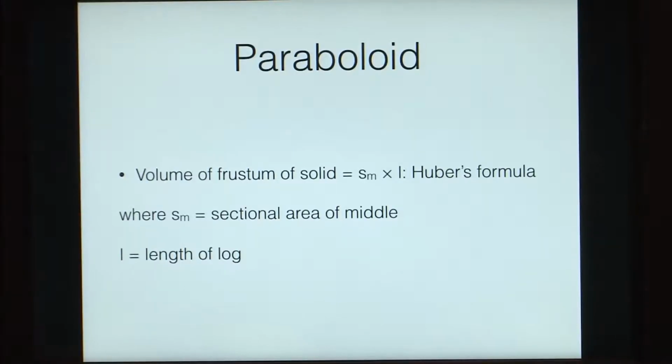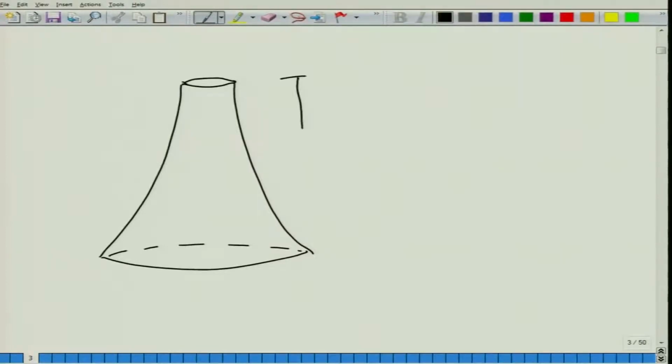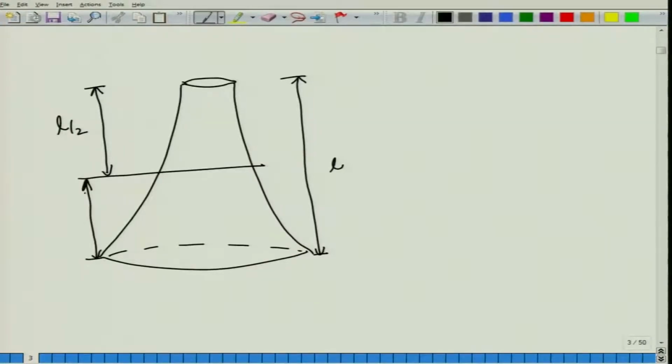So, if we draw our paraboloid, if the length is L, so this much is L. If we take L by 2, we are dividing it into two parts. So, this one is L by 2 and this much also is L by 2. So, this is the middle point.